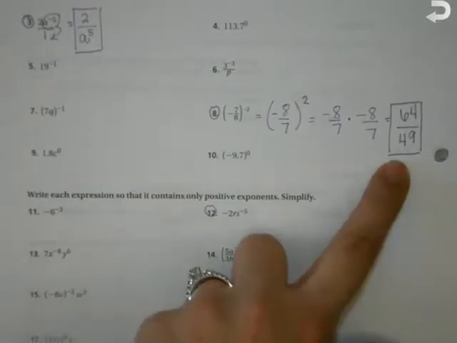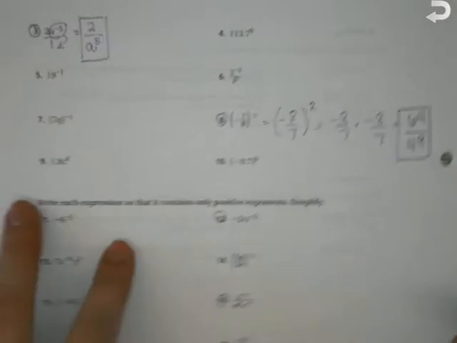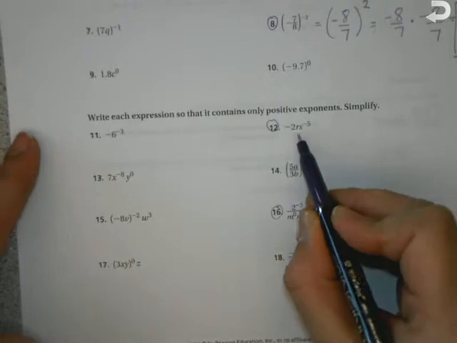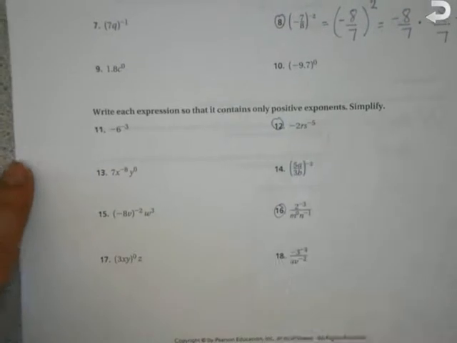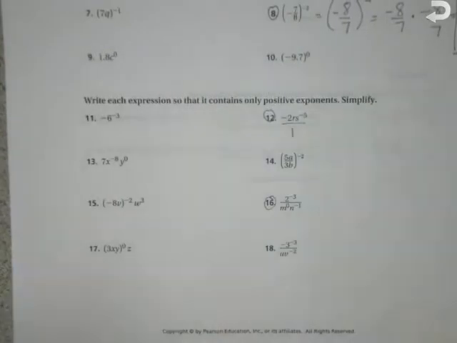Number 12. Negative 2r s to the negative 5. Which term, first of all, let's put the whole thing over 1. Which term has a negative exponent? Just the s. What about that negative 2? No, it's just a negative 2.